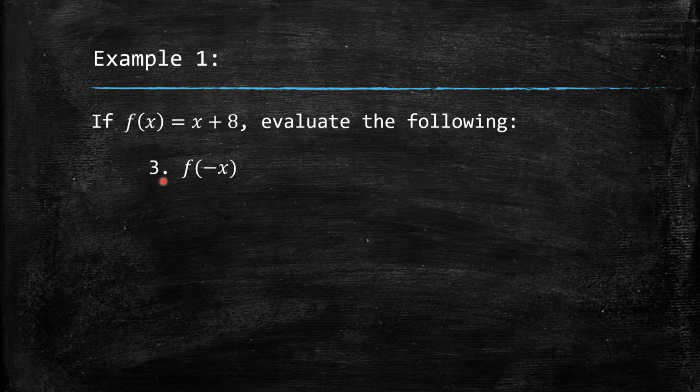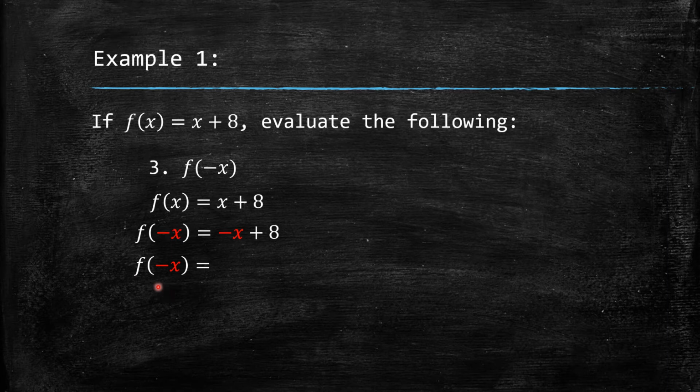Next, number 3, using this same function, our x value now is negative x. So we will use the given f of x equals x plus 8. Next, replace the value of x. Now the value of x is negative x.